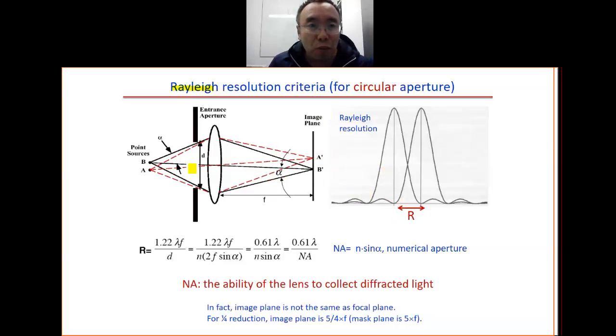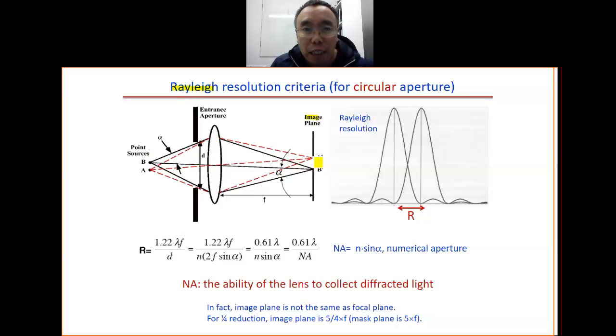Here we have two objects. After the lens, it forms two images, A prime and B prime. What we care about is the image plane, how close A prime and B prime can be. We do not care about the point source; we care about what we can get on the image plane, which will be the photoresist in the case of optical lithography.